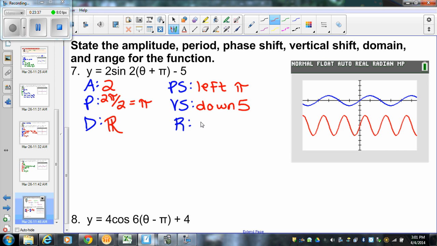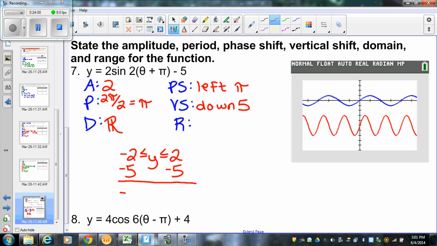Now, my range. Because of my amplitude, my range normally would have shifted to -2 to +2. But my vertical shift also changed that. So since it's down 5, take those amounts and subtract 5 to them. This is the easiest way to figure out that new range.